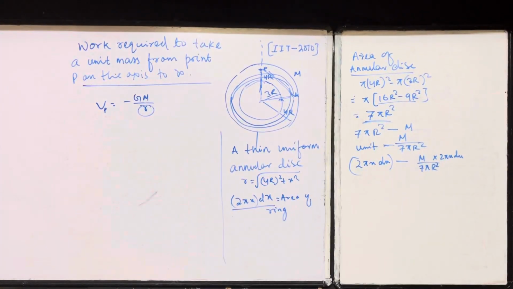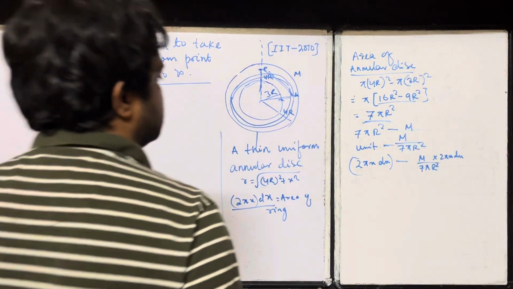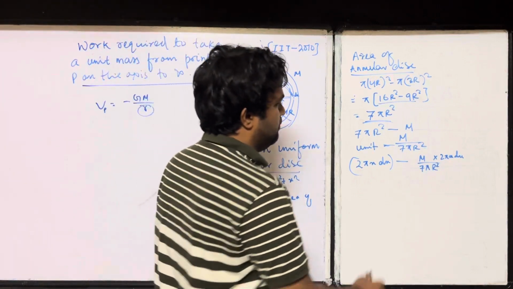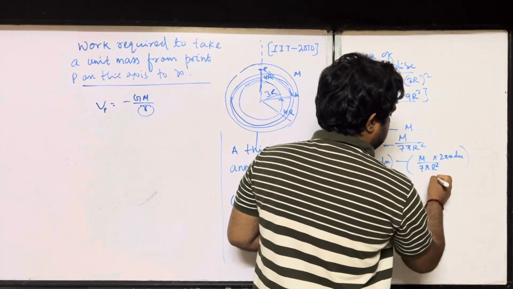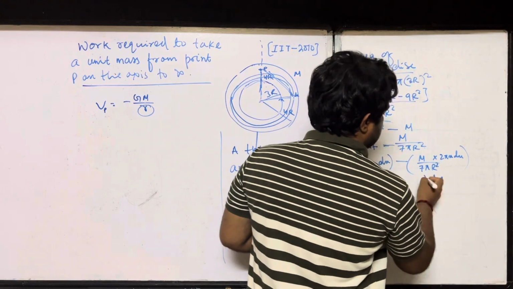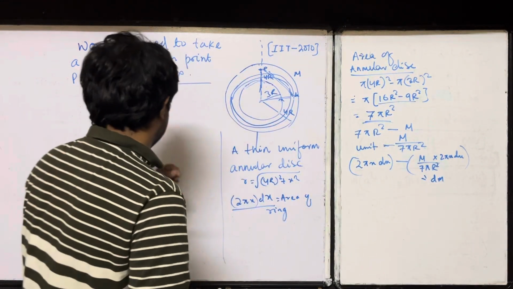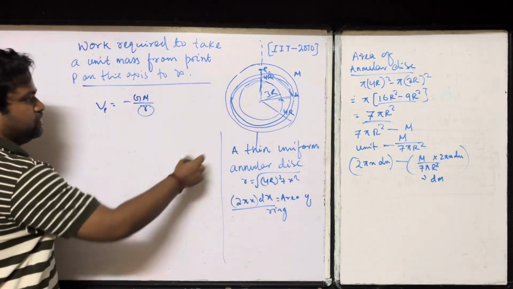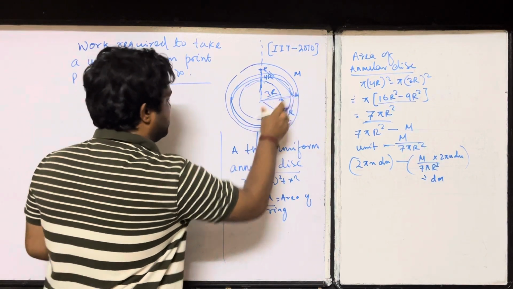This is the mass of the ring, let us say small dm. We got the mass of this ring and we will integrate it.